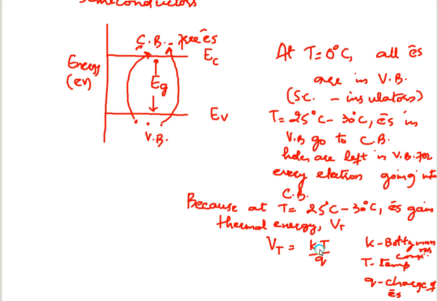Okay, so when you substitute the value of the Boltzmann's constant, what is the value of the Boltzmann's constant? 1.38 into 10 to the power of minus... Anybody? What is the value of the Boltzmann's constant? You must have studied it in basic electronics also. Just recall.